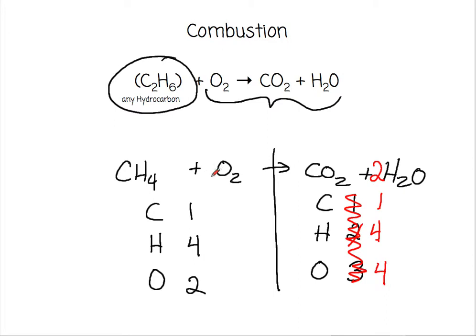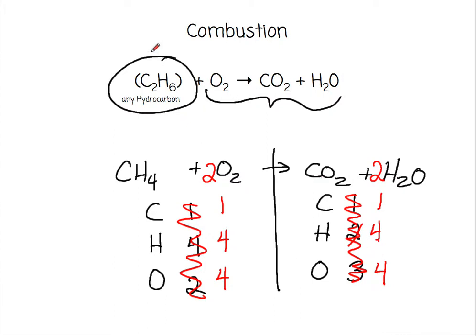I'm working on this side of my reaction, my reactant side, because that 2 is lower than the 4. So by putting a 2 here, crossing everything out and recounting, 1 carbon, 4 hydrogens, 4 oxygens, I now have a balanced combustion reaction. 1, 1, 4, 4, 4, 4.